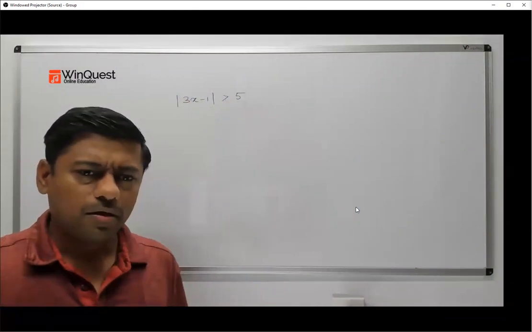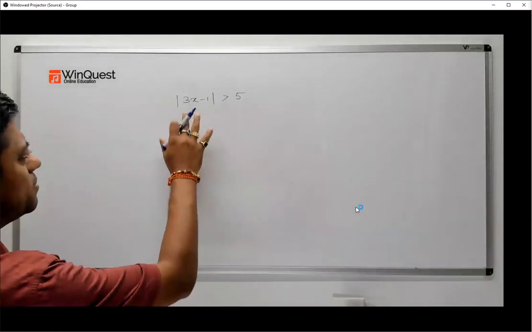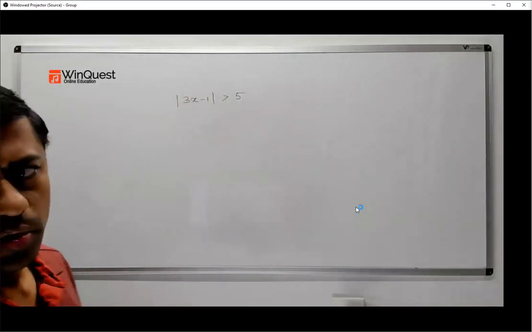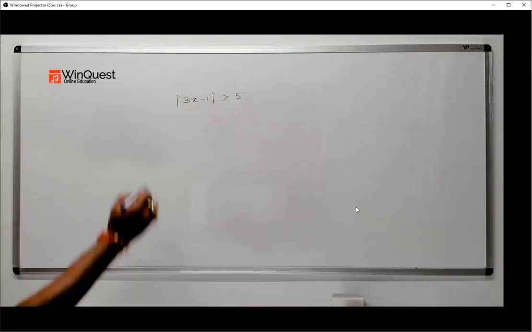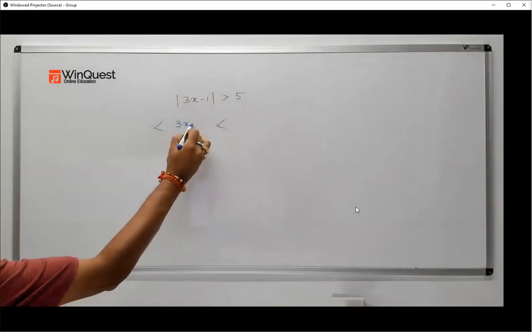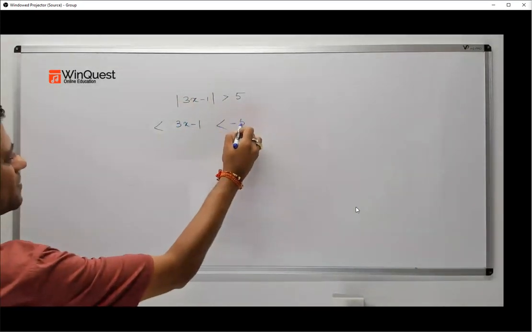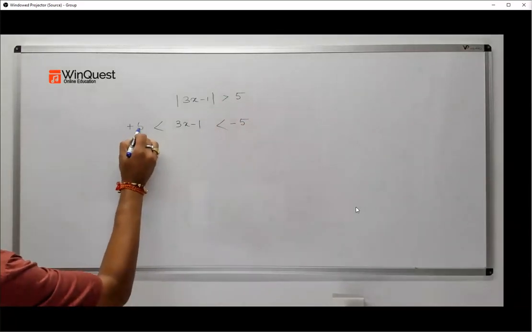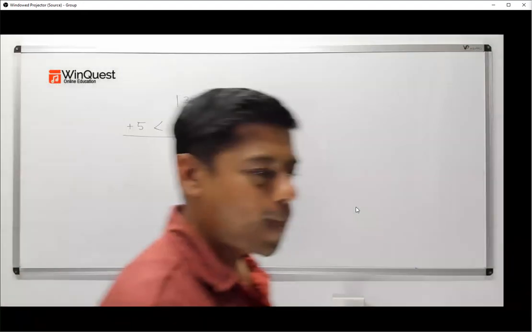In this example, we concluded that if this kind of scenario arises, we will always say a less than sign and a less than sign, and then put 3x minus 1 in between. And then we'll say this is less by minus 5 and greater by plus 4. Is it fair enough? Yes.